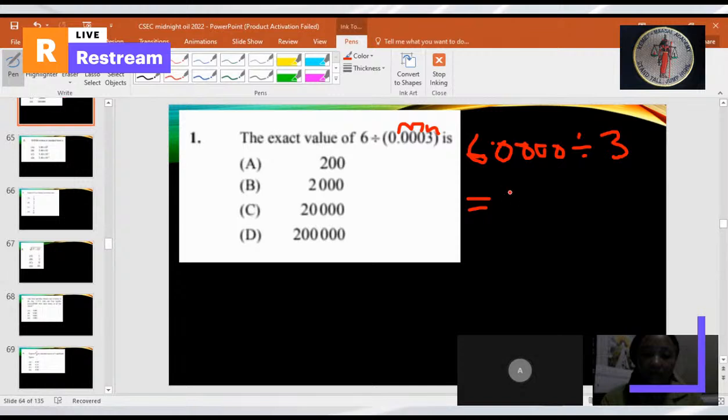So 6 divided by 3 is 2, 0 divided by 3 is 0, and 0 divided by 3 is 0. And the same for the other two zeros, so you just put it back. So the answer is C, 20,000. All right, so that is C. First one down. Just 59 to go.